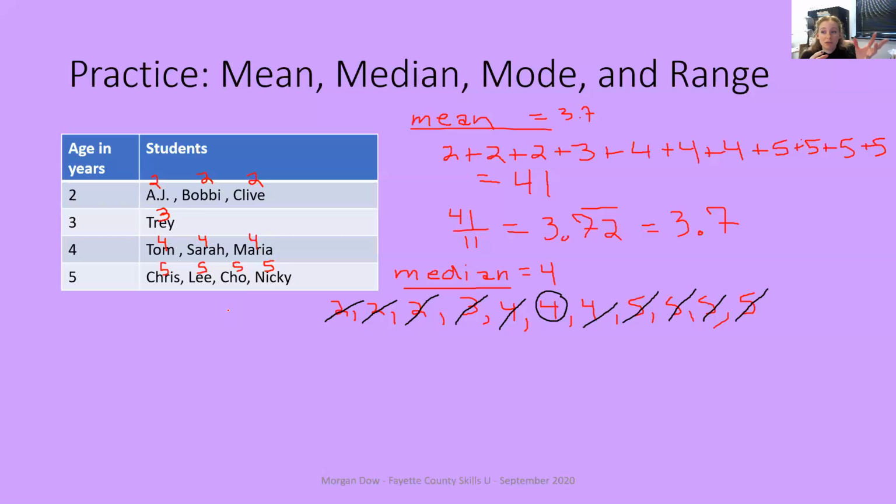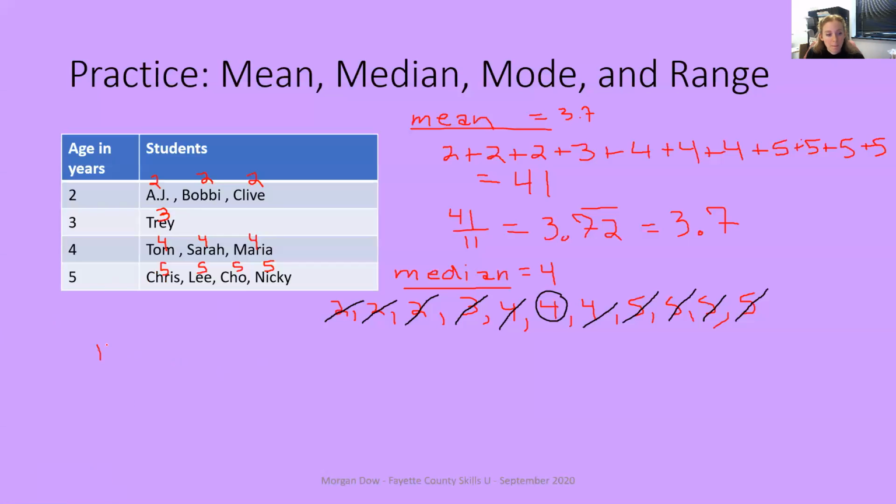So if they're all kind of distributed equally around a middle number, then your mean and median will be very close. But if you've got just a few numbers that are low and maybe a couple really high numbers, your mean and median might start getting farther apart. So sometimes they will be the same, sometimes they will be very close, and sometimes they will be very different.